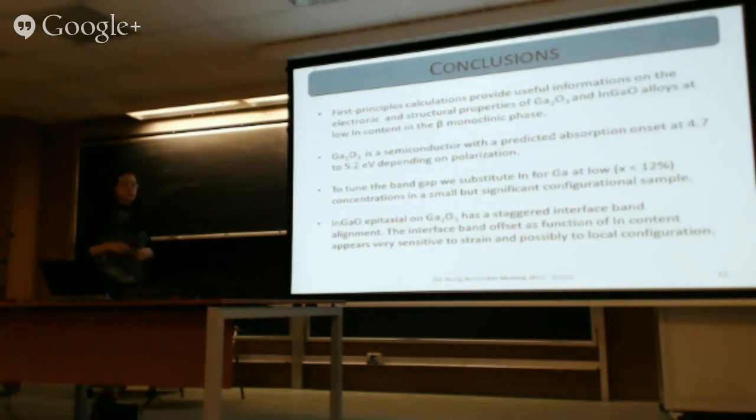We have tuned the band gap with the substitution of indium for gallium at a low concentration, and indium gallium oxide epitaxial on gallium oxide shows a staggered interface band alignment.